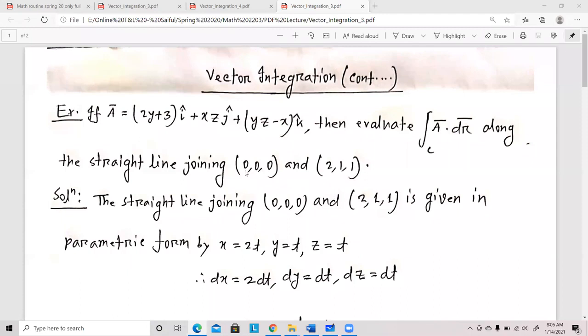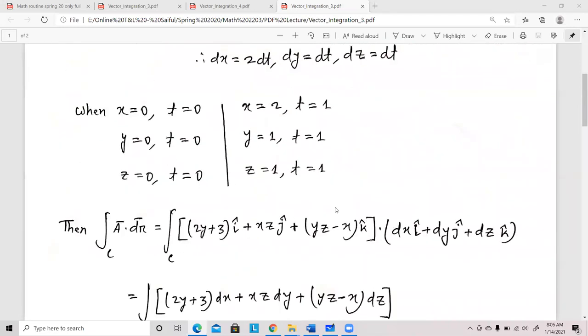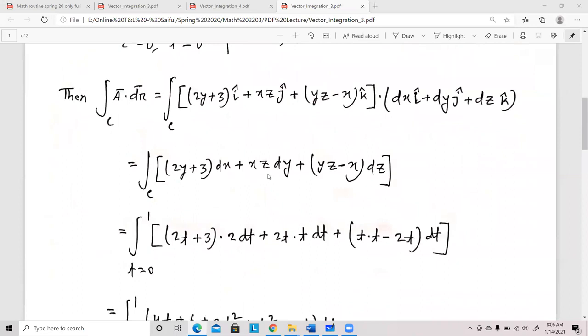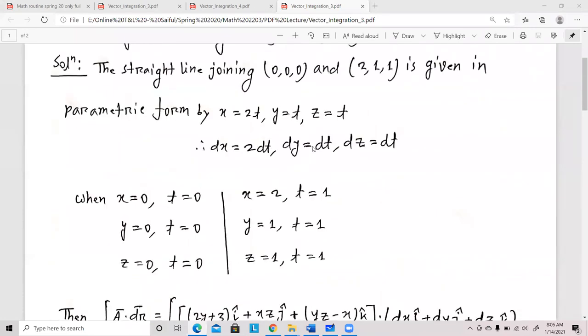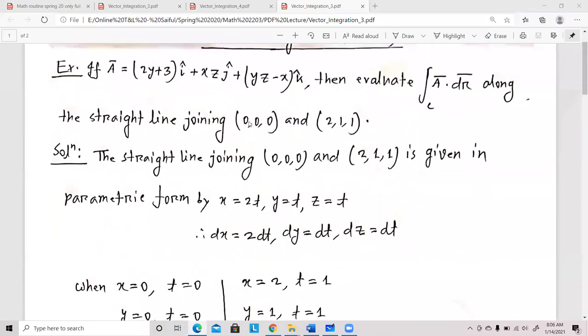Since in A dot dr we get a mixed variable term, we have to convert it into a single variable. In the previous classes we saw we could do so using the parametric equation.